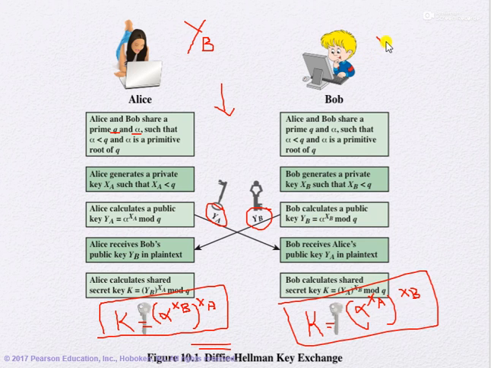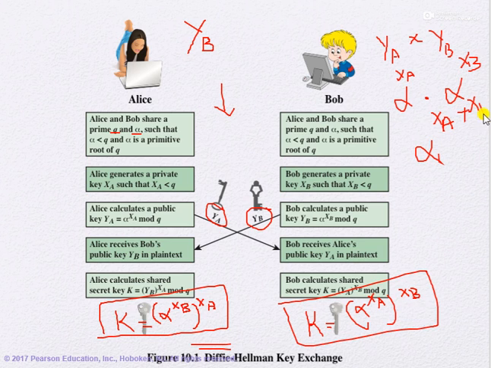If they multiply YA by YB, it will be alpha raised to the power XA multiplied by alpha raised to the power XB. When bases are the same, powers add: alpha raised to the power XA plus XB.